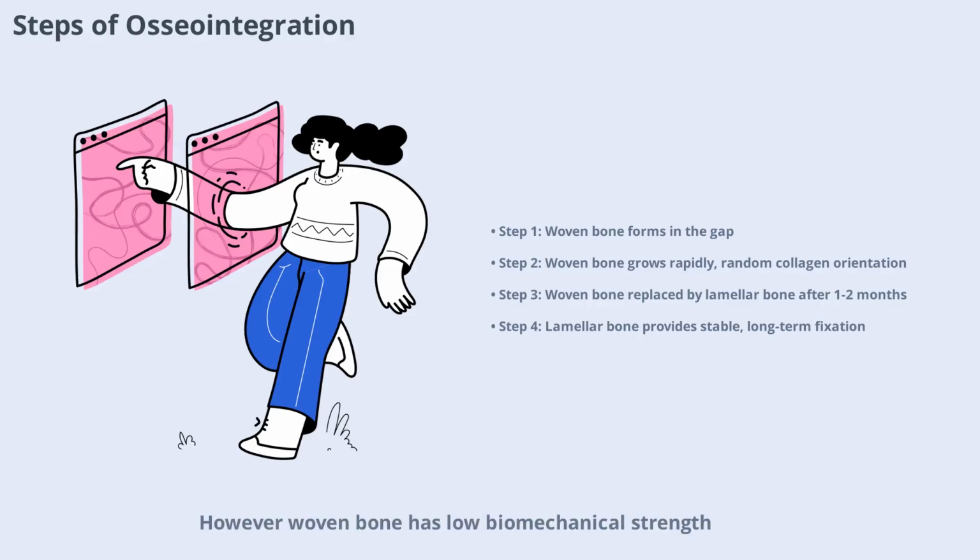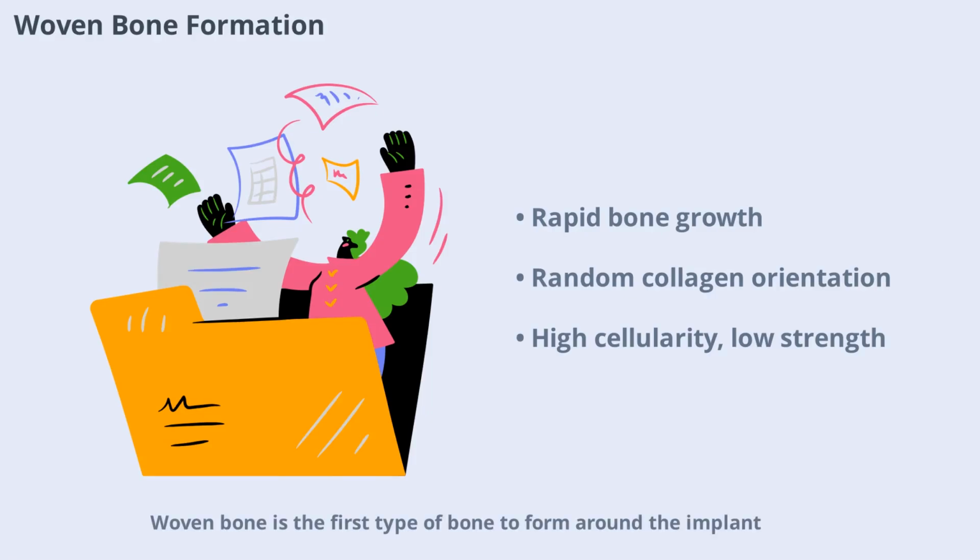However, woven bone has low biomechanical strength, so occlusal loads must be carefully controlled during this phase. Over the next 1 to 2 months, woven bone is gradually replaced by lamellar bone, which is stronger and more stable.